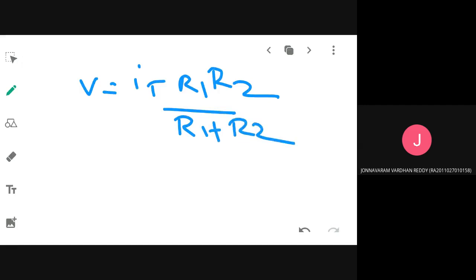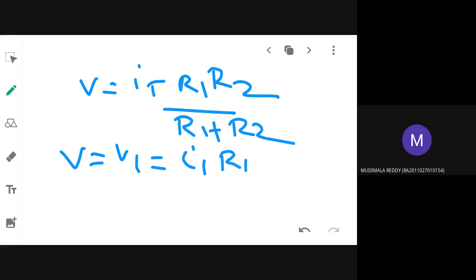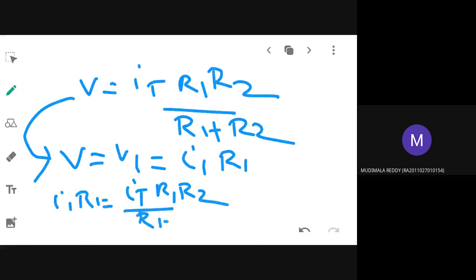Now I know V is equal to V1, which is equal to, what is the formula for Ohm's law? I into R. So I1 into R1. Now I know what V is, so I will substitute it in place of V. So I1 R1 is equal to IT into R1 R2 divided by R1 plus R2.